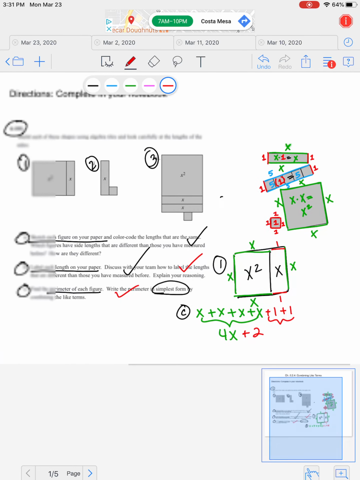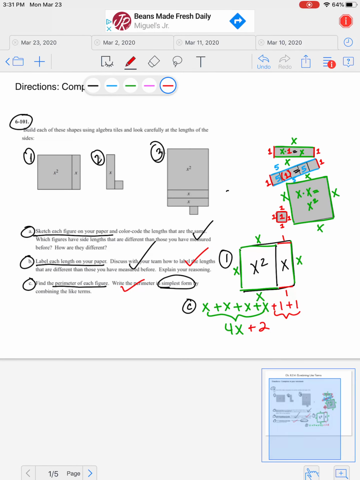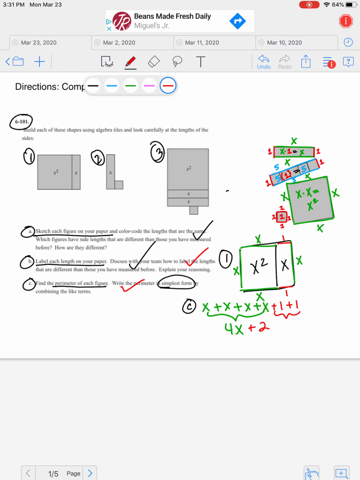And that is it for problem 6-101. Go ahead and give number 2 and number 3 a try on your own. So go ahead and pause the video and work on it on your own.